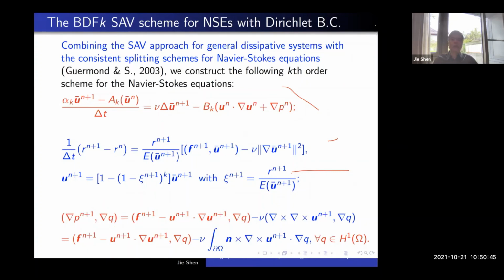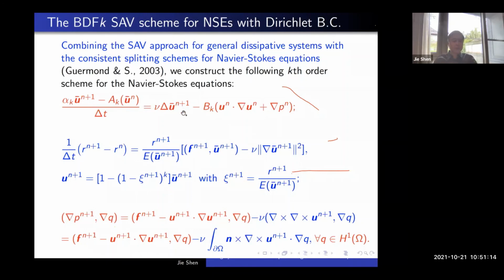So you cannot really solve a pressure Poisson equation in the strong form because there's no boundary condition. So we couple this SAV approach with the consistent splitting approach, which we developed some years ago, that goes like this. For the nonlinear scheme, it's similar to the periodic case.